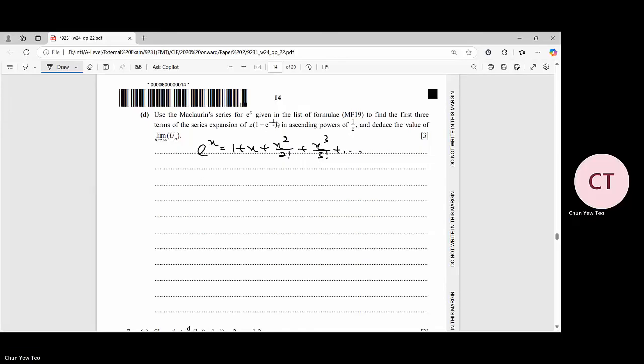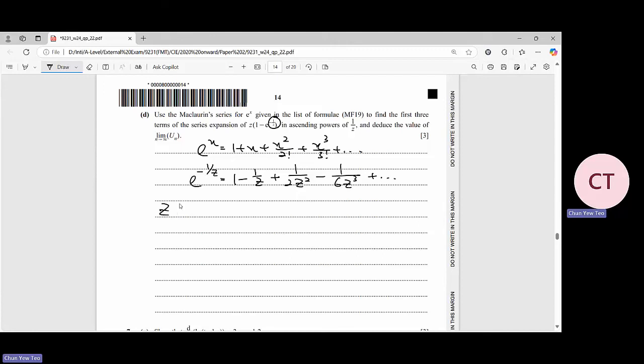Now if this is negative 1 over z, then it gives you 1 minus 1 over z plus 1 over 2z squared minus 1 over 6z cubed plus dot dot dot. Okay, this is what I have.